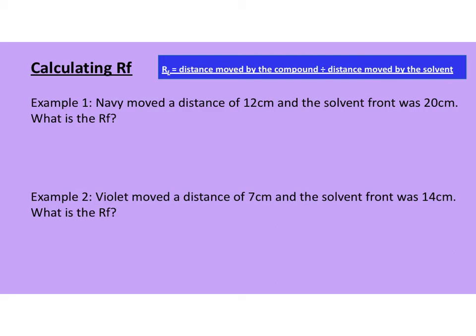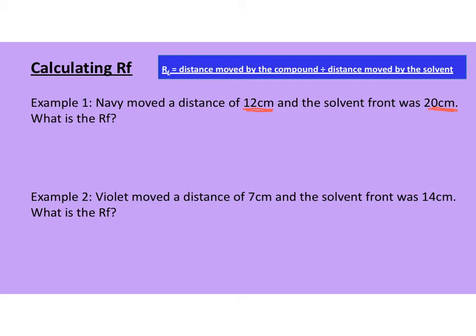Okay, so here are some examples of how we calculate the RF value. So I've got the equation at the top again. RF is the distance moved by the compound divided by the distance moved by the solvent, or the solvent front. So in example 1, we can see that navy moved a distance of 12 centimetres and the solvent front was 20 centimetres.